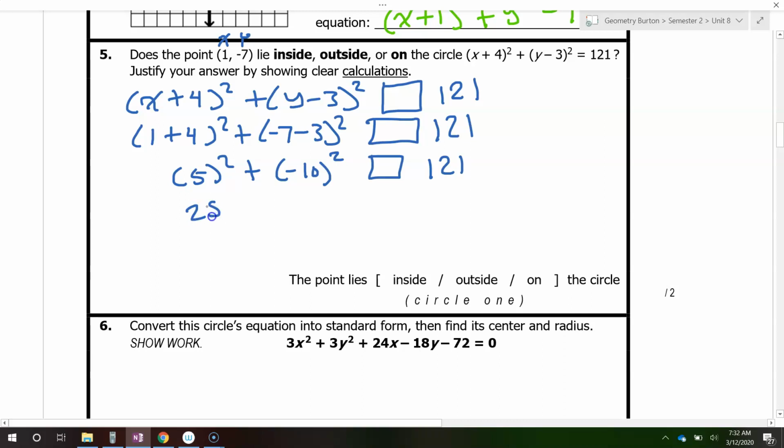So that's 25. (-10) squared is positive 100. If you put this into a calculator, you have to use parentheses, or else it'll give you -100. But this is positive 100. And of course, this is 125. 125 is greater than 121. That means that this point lies outside the circle.